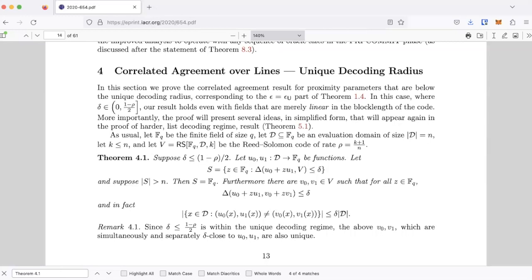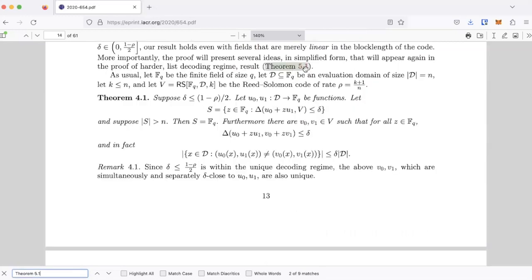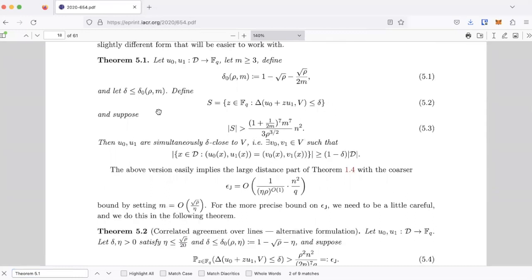In theorem 5.1, we had this much hairier condition: suppose S was greater than this thing to the 7th power here.